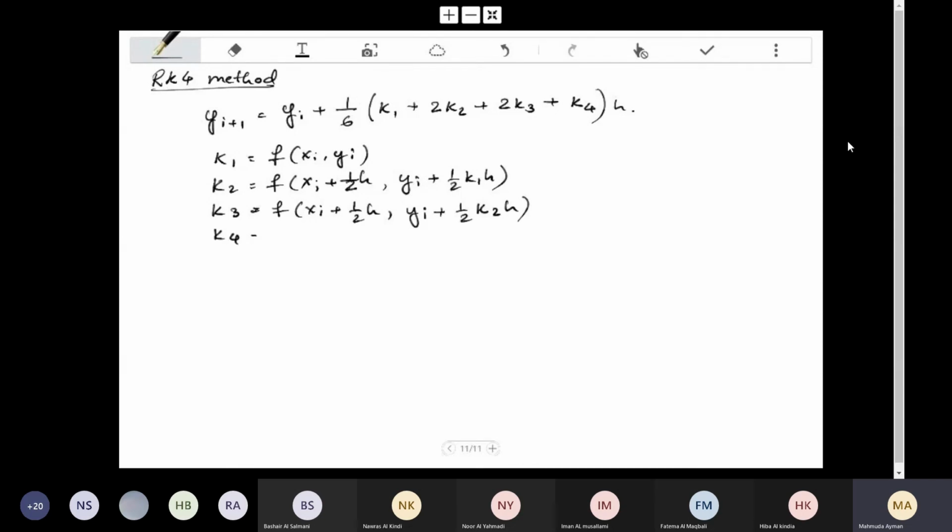And for k4 we have f of x i plus h, comma, y i plus k3 times h. So that's the formula for the RK4 method, and let's start solving an example to make this more clear to you all.